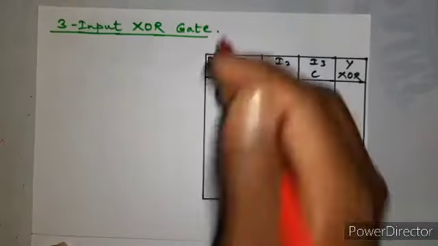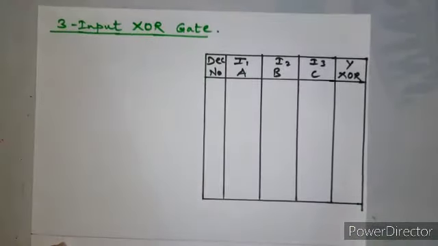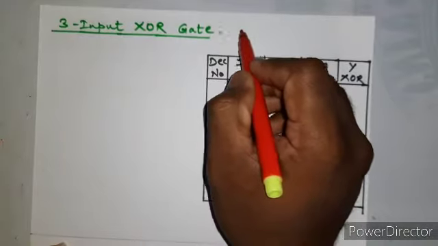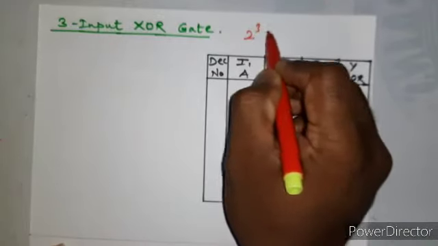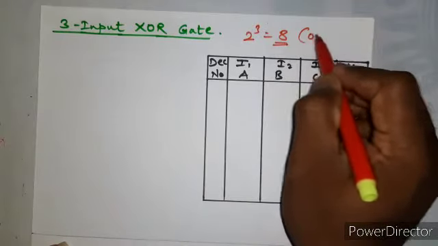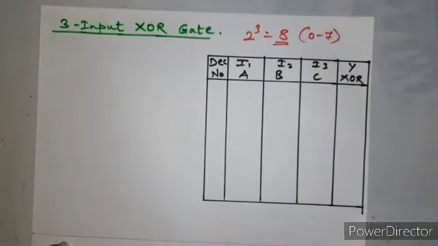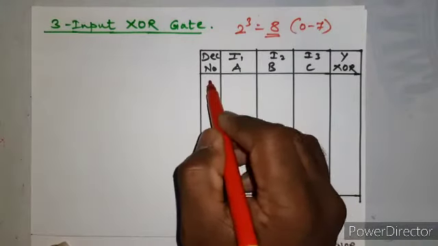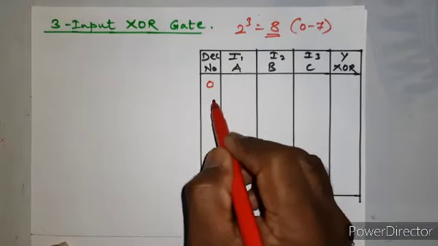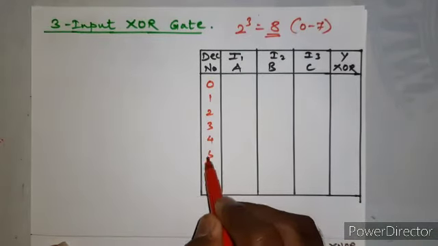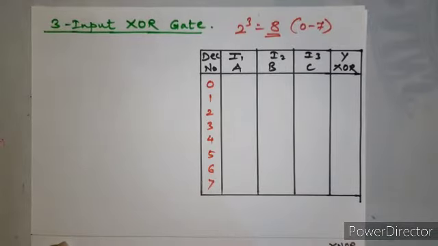Now in the 3 input XOR gate, some different logic is applied, right? For the 3 input XOR gate, 2 raised to 3 is 8, so we have 8 different combinations from 0 to 7. Let me fill this table first. So this is 0 1 2 3 4 5 6 7.